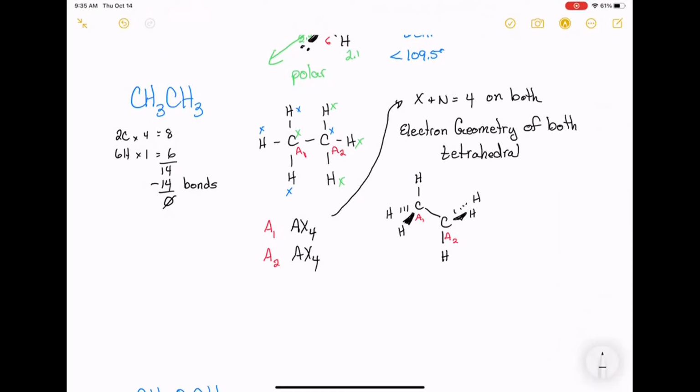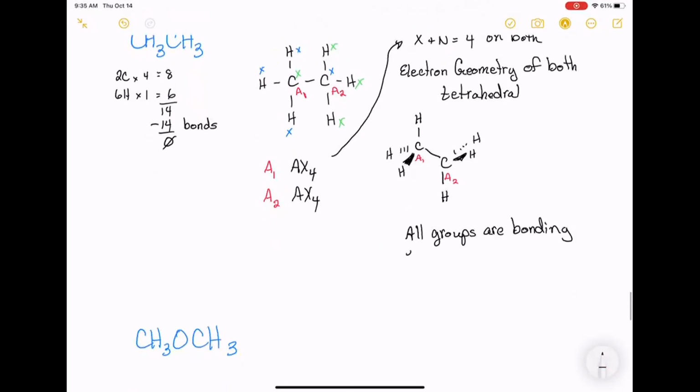So this is how you would draw ethane using its electron geometry. Since all groups are bonding, that means that the electron geometry is equal to the molecular geometry. So they are both tetrahedral.